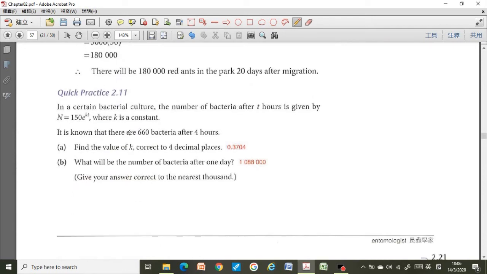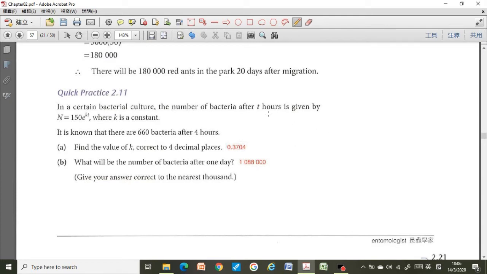Now let's show you a problem like this. In a certain bacteria culture, the number of bacteria after t hours is given by this one. So here you are given N naught is equal to 150, and it is known that there are 660 bacteria after 4 hours.